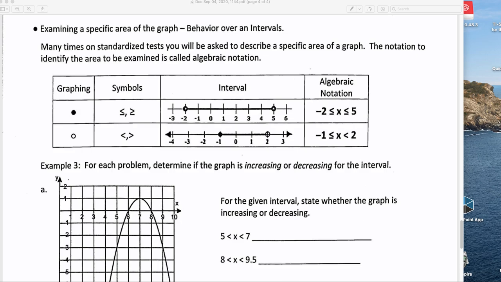It says, between -2 and 5, that's where the x is. Given the x's, and it's a range, what's happening to y? Is it increasing or decreasing?